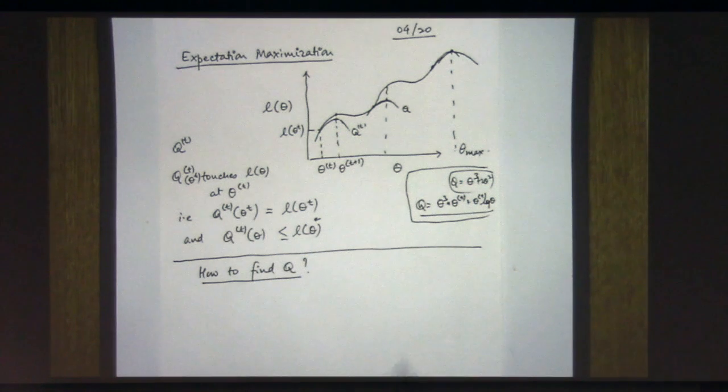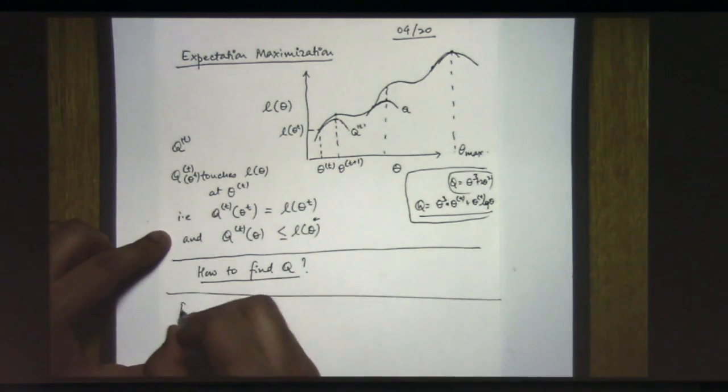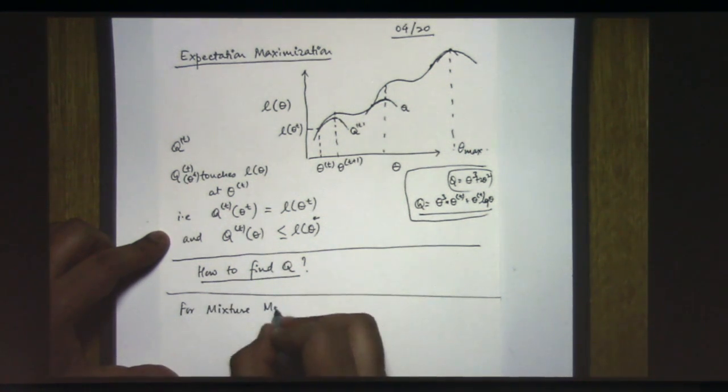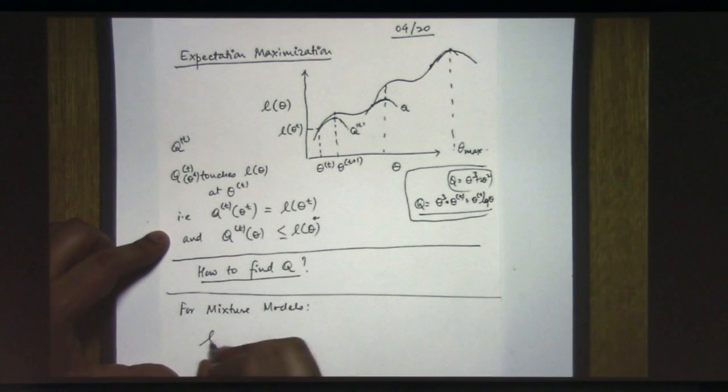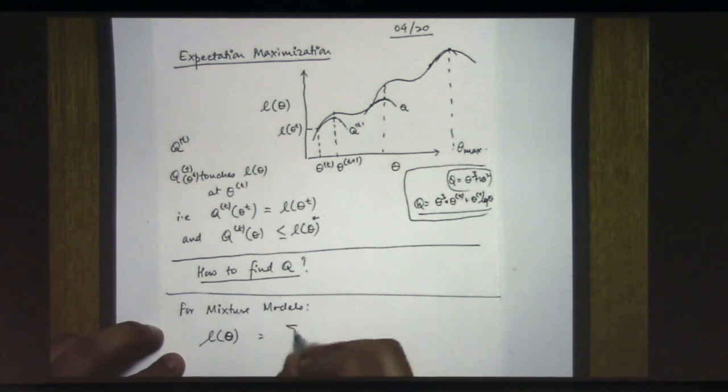Because we know what L of theta is. For example, in our mixture model, we knew the log likelihood function that we want to maximize, which looks like this. For mixture models, L of theta, so we have some parameters all encapsulated in this theta, and L of theta looks like this.